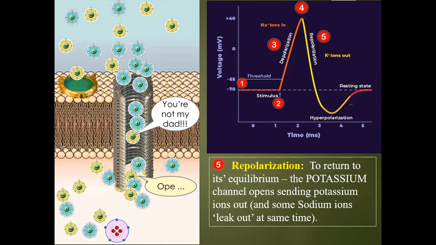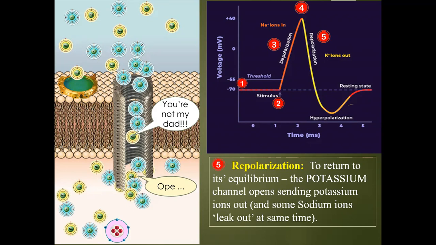Okay, so the potassium gate opens, mostly potassium is going to get pumped out, some sodium getting pumped out with it. So we're sending out what we think is a correct amount of ions, but some other ones are going to leak out at the same time. And at the same time, there's going to be some cell death inside and outside of the ions themselves.